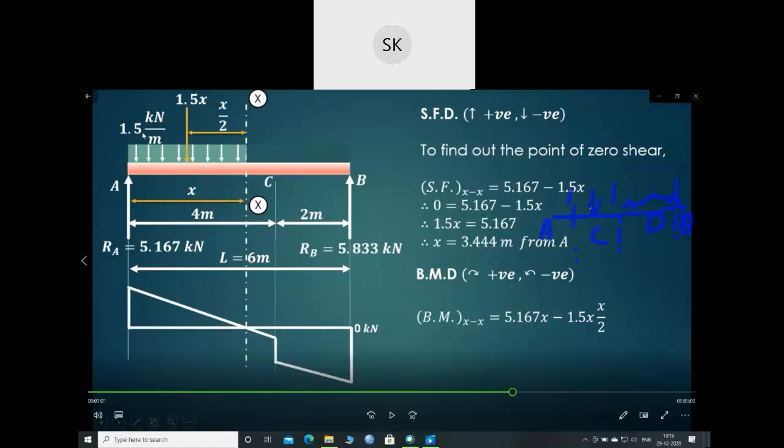That will give you the bending moment between A and C, between C and D, and between D and B. Okay, understood?